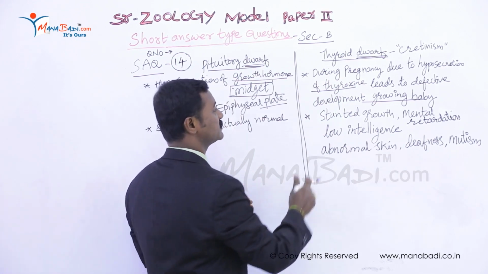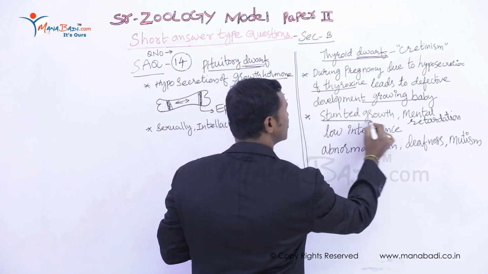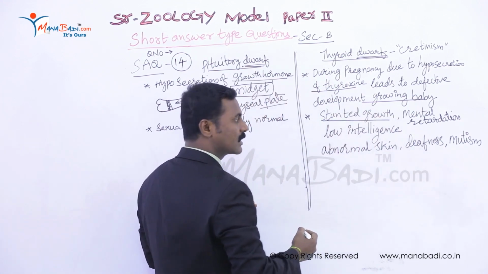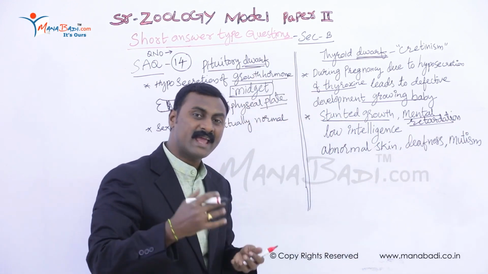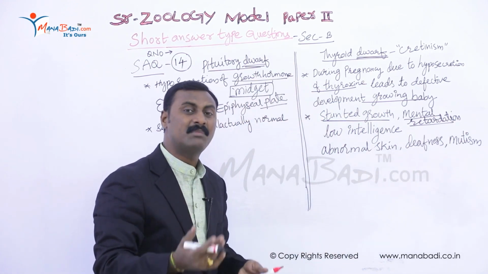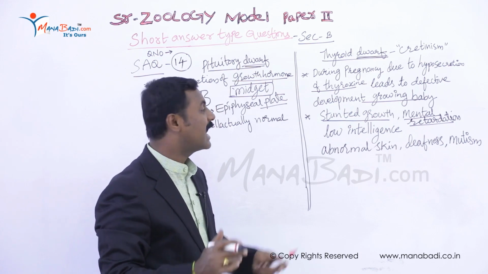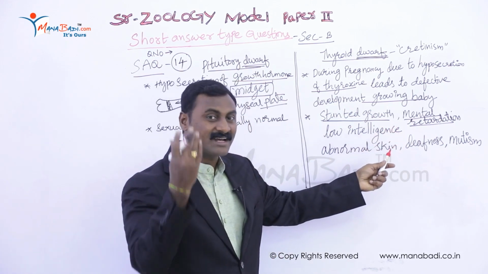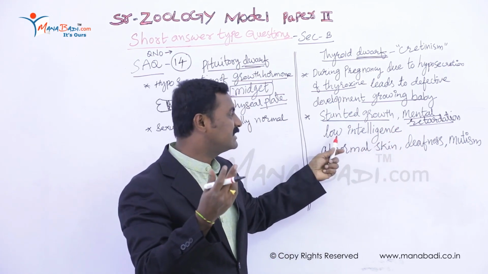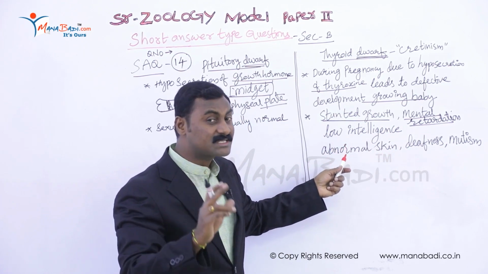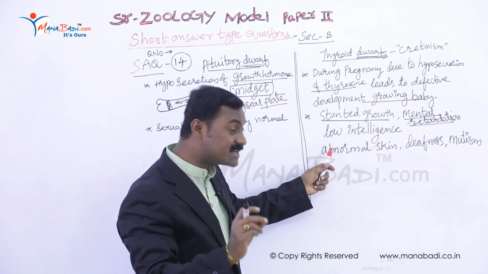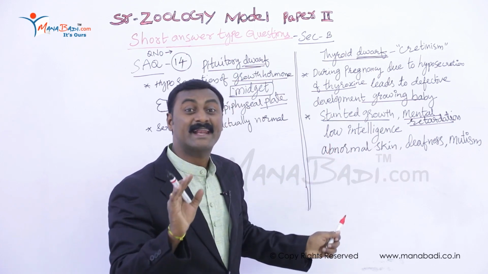This type of children show stunted growth and mental retardation. Even though their age is 20-25 years, they look like kids and are mentally retarded. Their intelligence is very low. These mentally retarded children we call cretins.